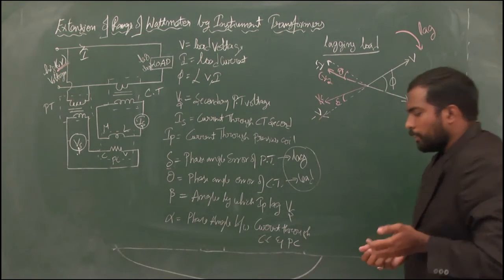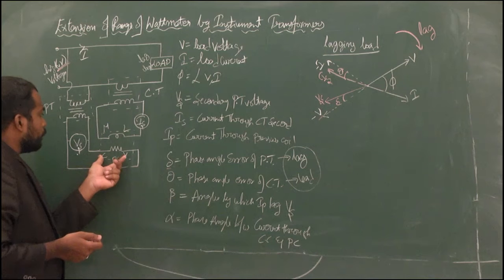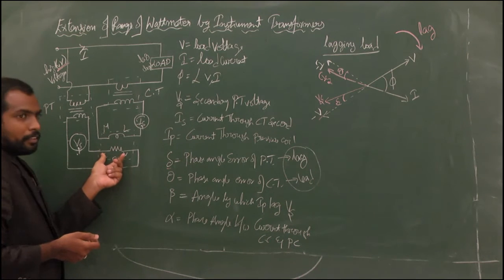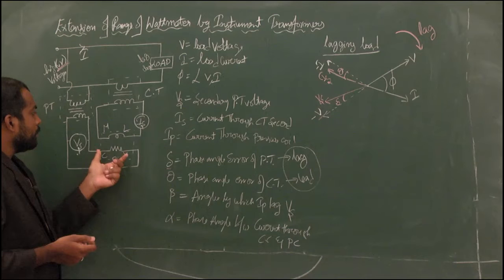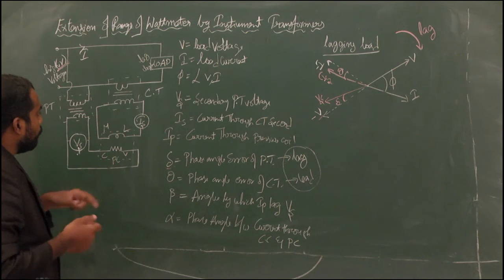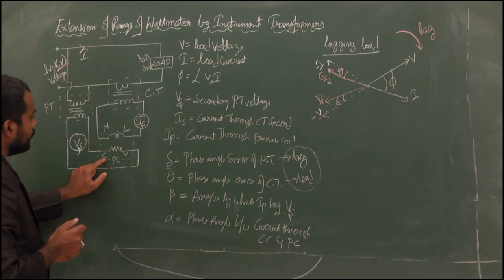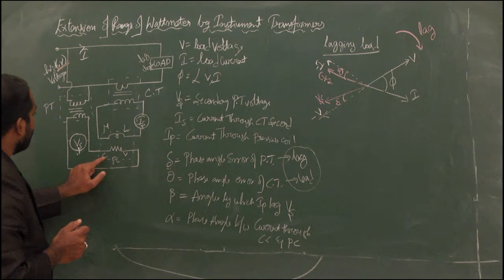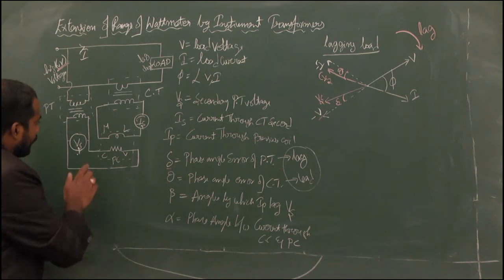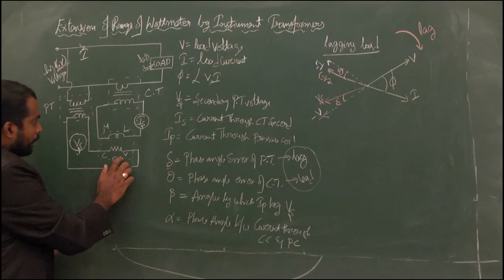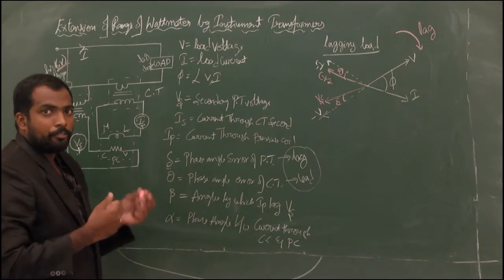Right? Now, as we have already discussed in the previous session, we assumed that the inductance of the pressure coil is practically 0. But suppose we assume that the inductance of the pressure coil is existing, then the current through the pressure coil, Ip, is lagging the voltage Vs, because inductance has the property of lagging nature.